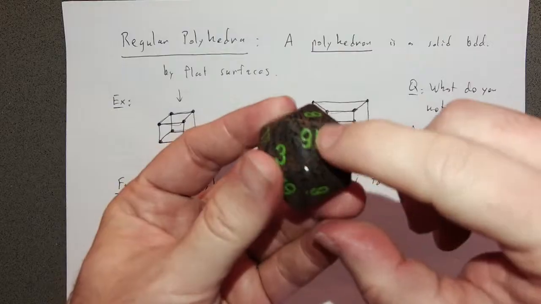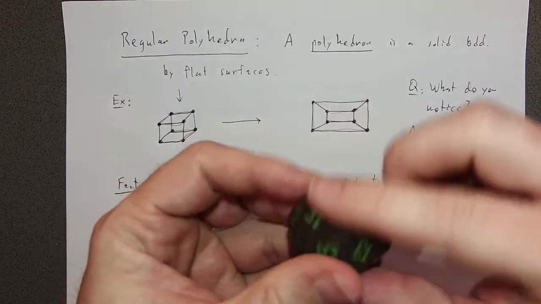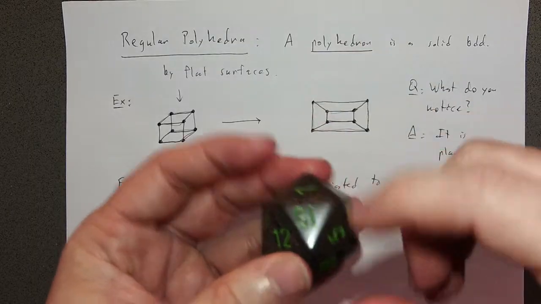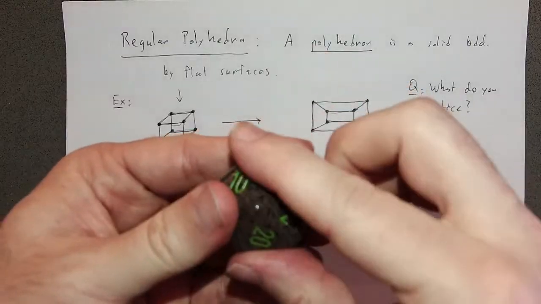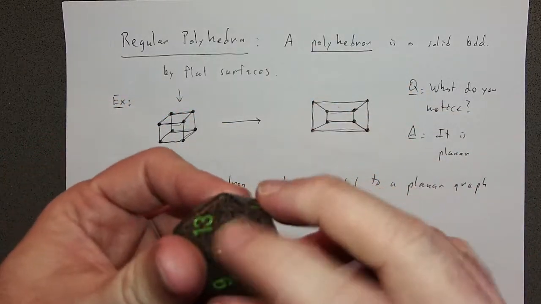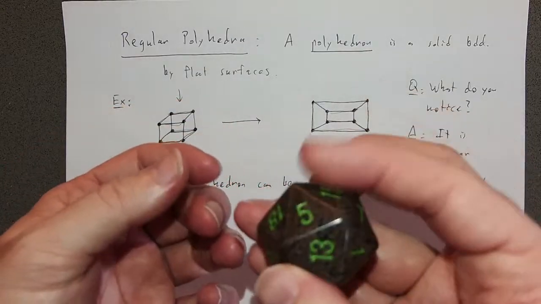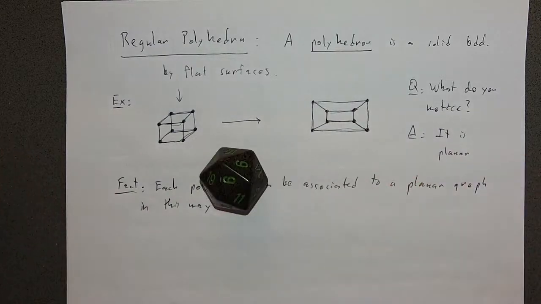And these numbered flat surfaces that form the actual exterior of the polyhedron, these are the regions, right? These are the faces of the polyhedron. So you have vertices, edges, and faces. And that's why I substituted the word face when I was talking about regions earlier.